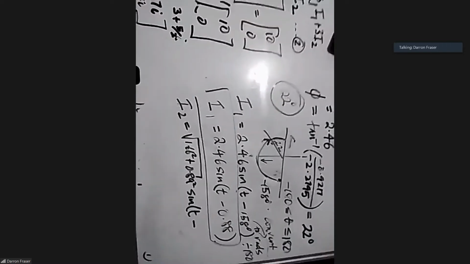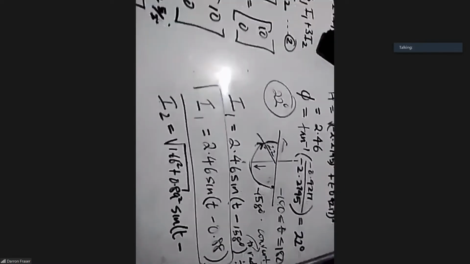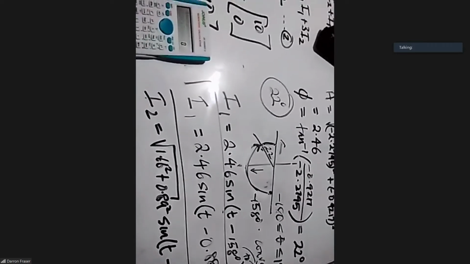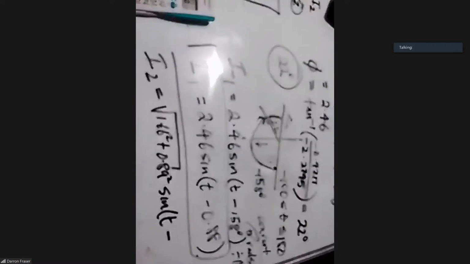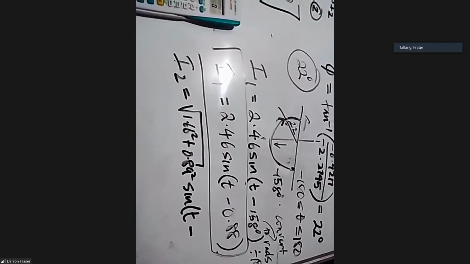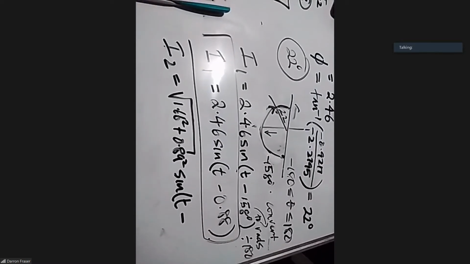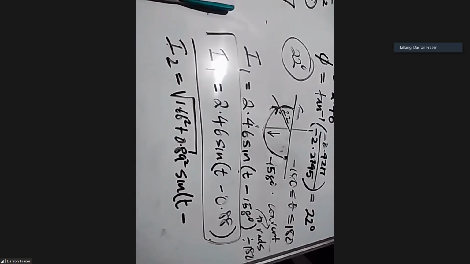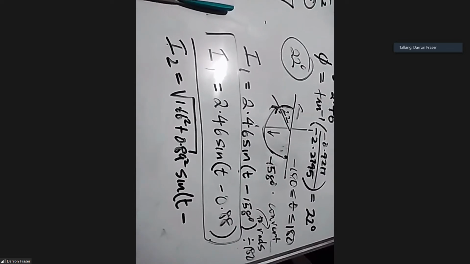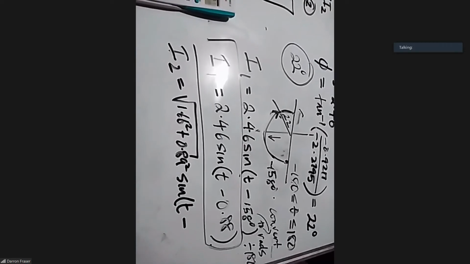So we're doing the next one. We were saying that it is going to be negative 0.89. Sorry, tan inverse.